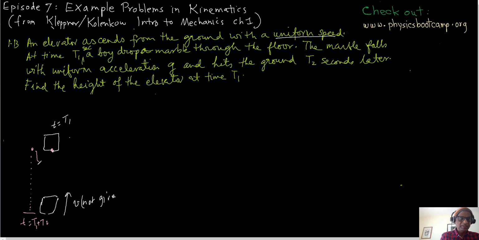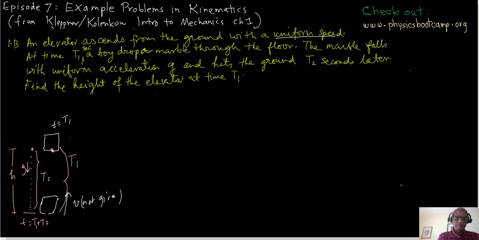So this time it takes is t2, and this time in the elevator is t1, and this is falling this way with a g, and this height is h. That's the height we need to know.